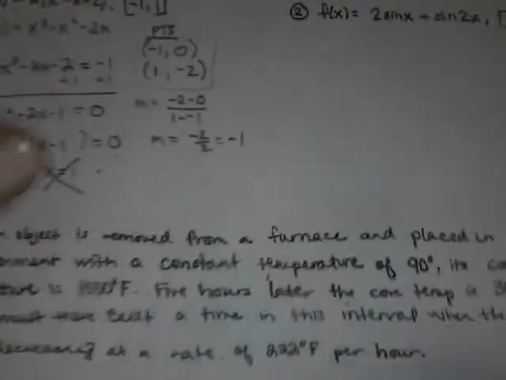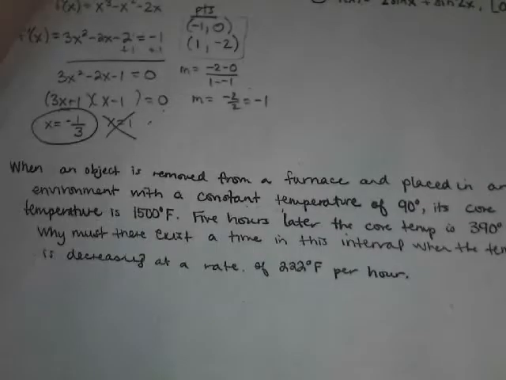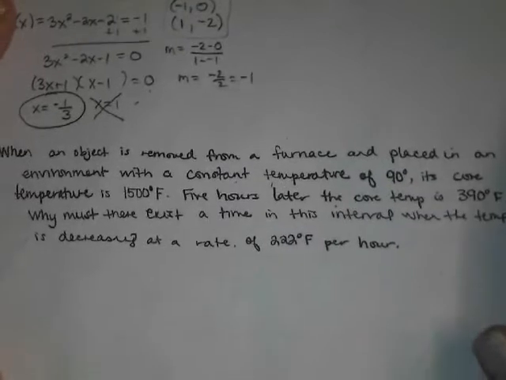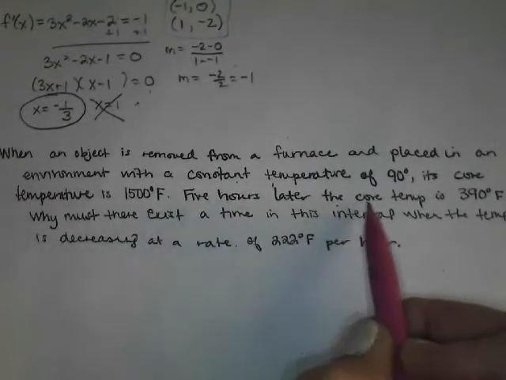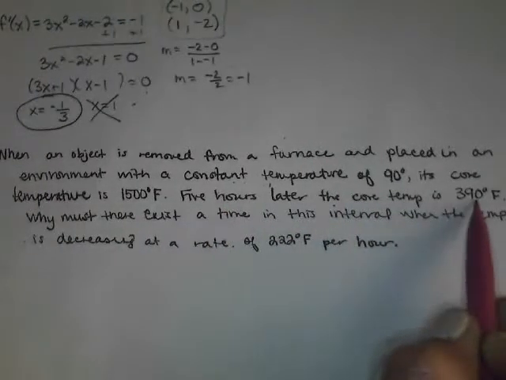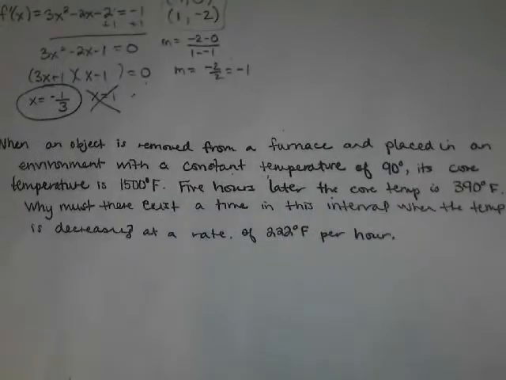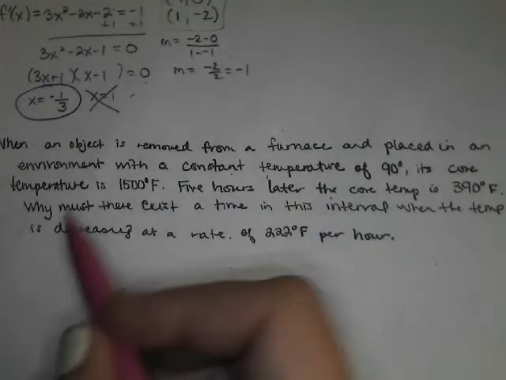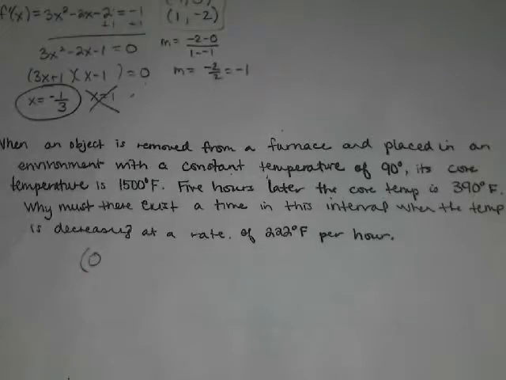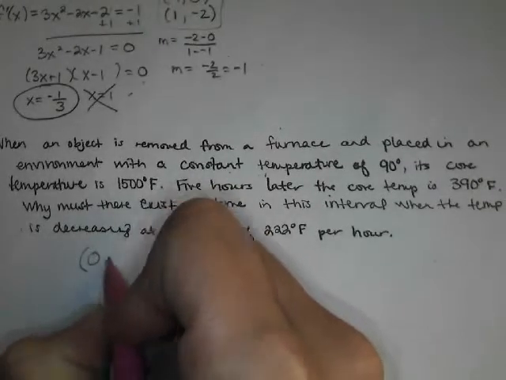So we're going to create 2 points from that information. 0 hours after being taken out, the temperature is 1500. 5 hours later, the core temperature is 390. So just to be clear, our x-coordinate is hours and our y-coordinate is temperature.